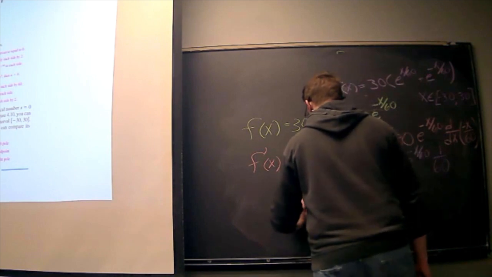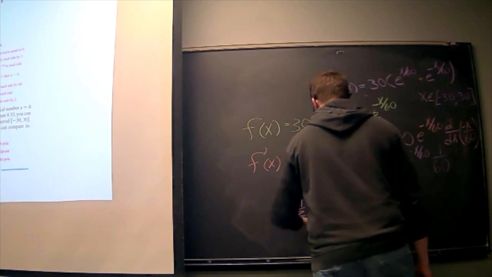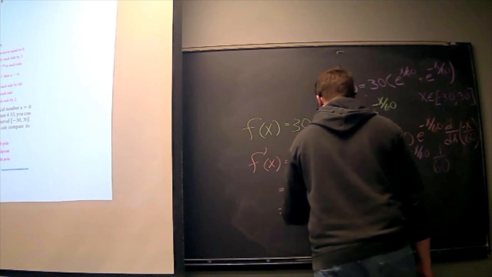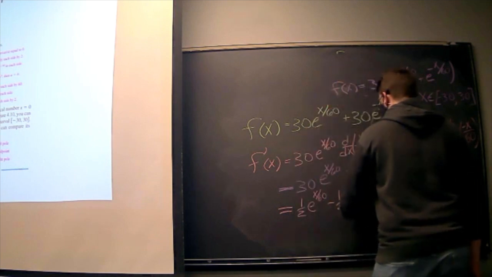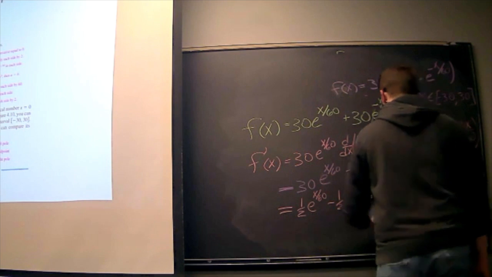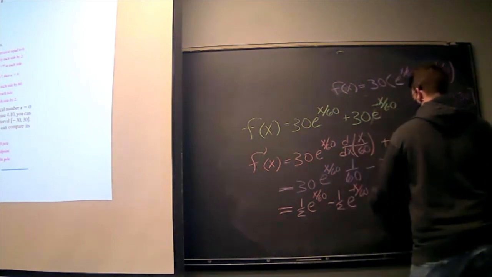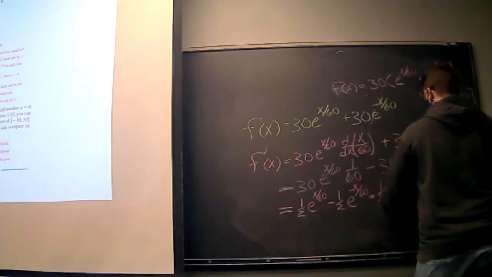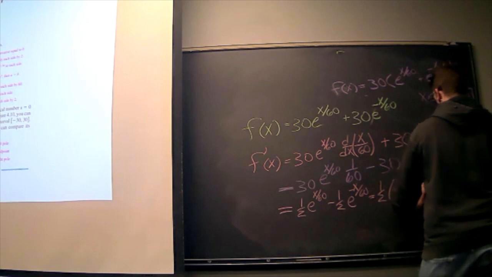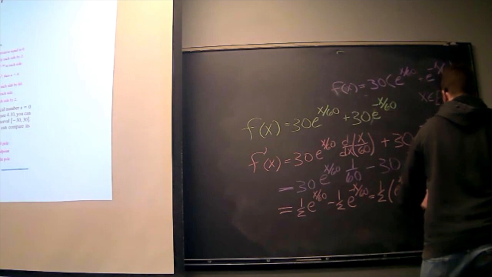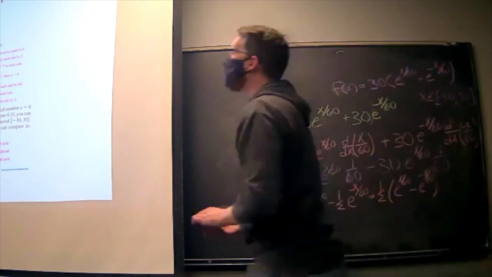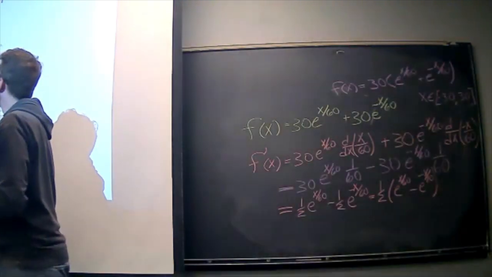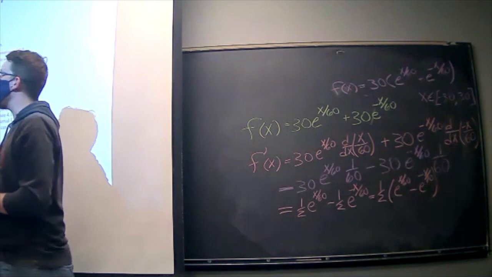So we're going to have 1/2 e to the x over 60 minus 1/2 e to the negative x over 60, or 1/2 times e to the x over 60 minus e to the negative x over 60. Right? Same idea.